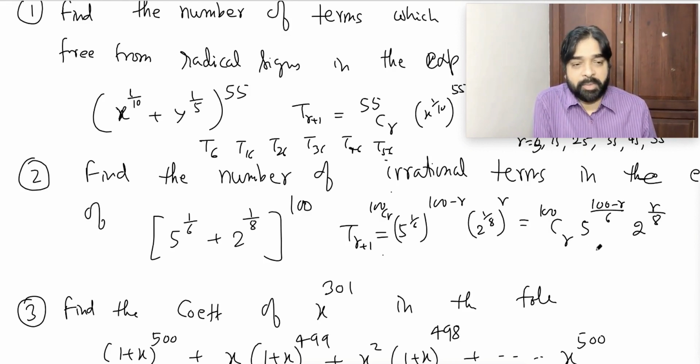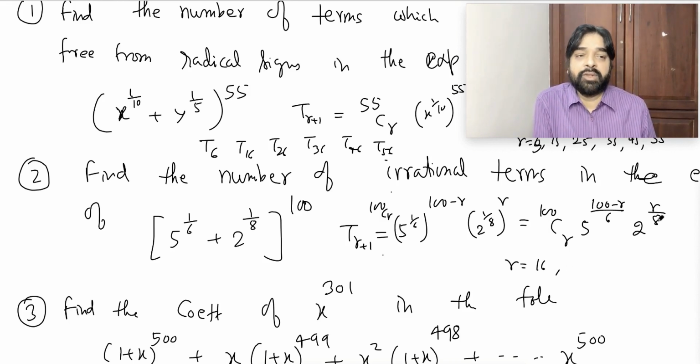So 0 not possible. 8: if I put it, 100 minus 8 is 92, not divisible by 3. 16: 100 minus 16 is 84, yes, divisible. Am I right? So r equal to 16.